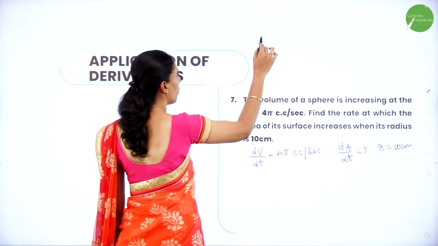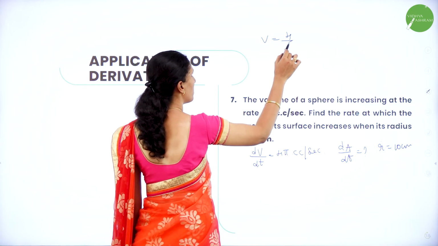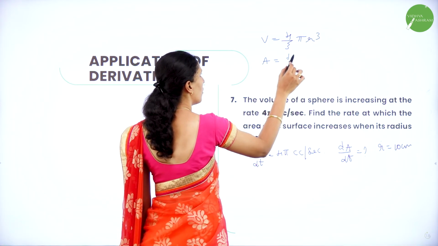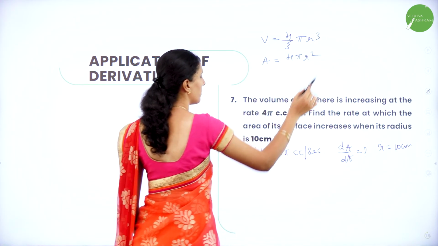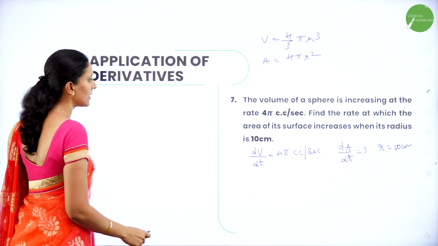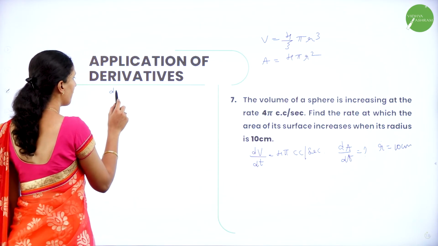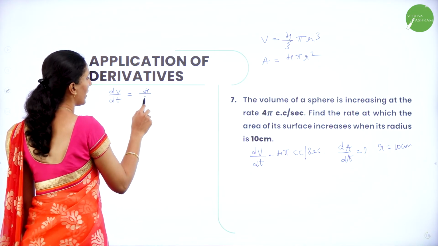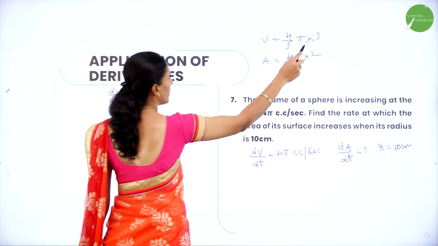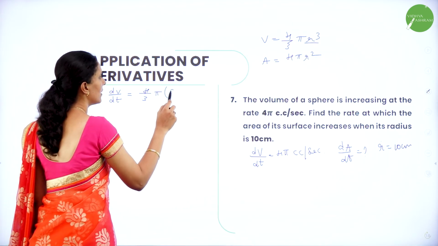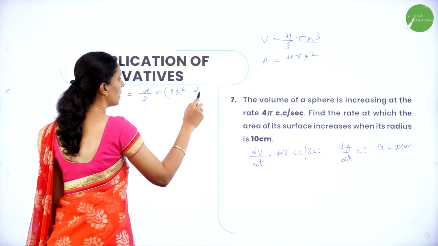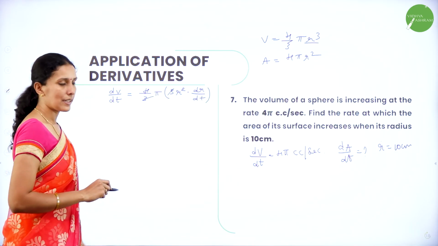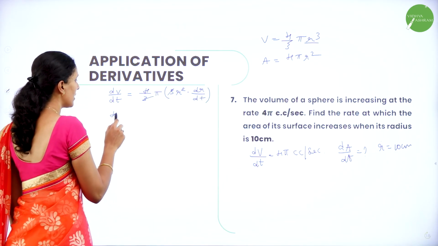First note that volume of a sphere is 4 by 3 pi r cube. Area is 4 pi r square. Now let's calculate the change in volume, which is given: dV by dt is equal to 4 by 3 pi. When you differentiate r cube, it is 3r square into dr by dt. 3 we can cancel. dV by dt is given as 4 pi.